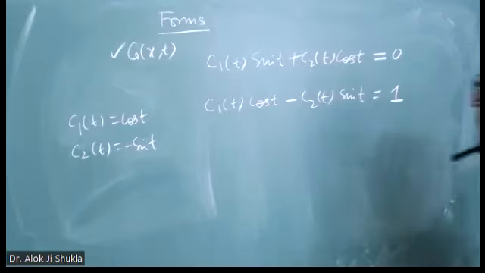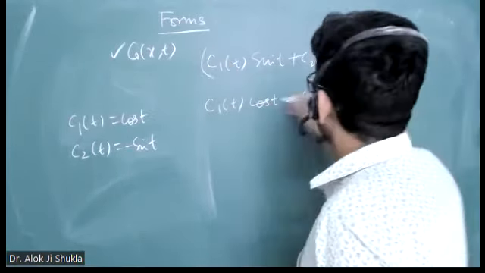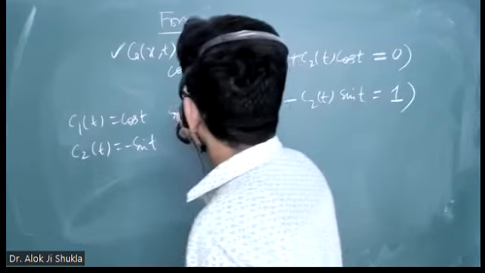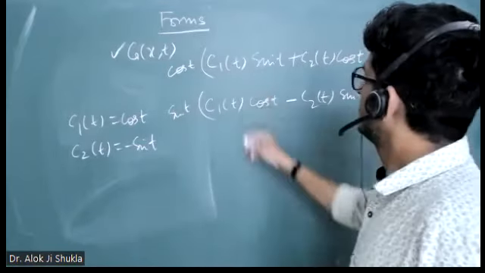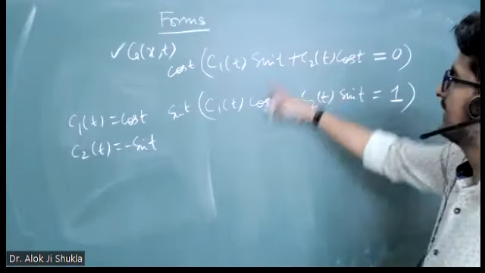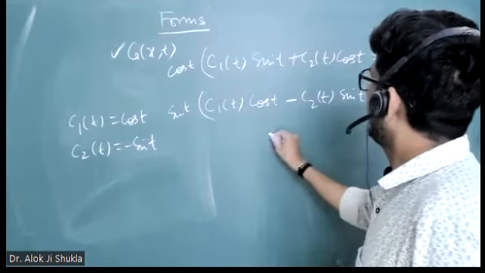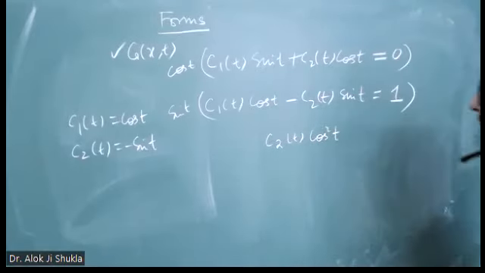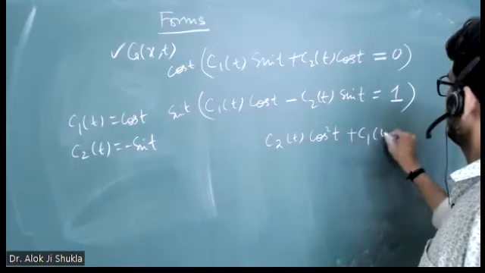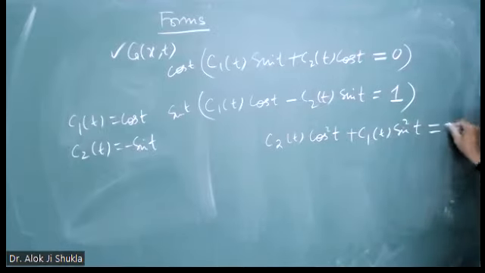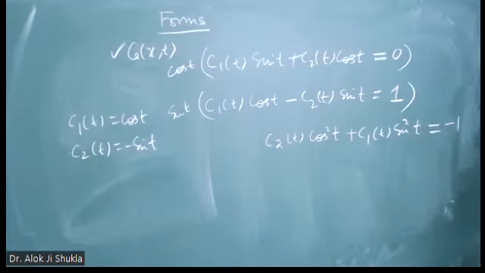If I multiply the first equation by cos t and the second by sin t, and subtract, this will cancel. What you will get here is C2t cos square t, and when I subtract, it will add, so plus C2t sin square t is equal to minus 1. So it will be C2 alone.